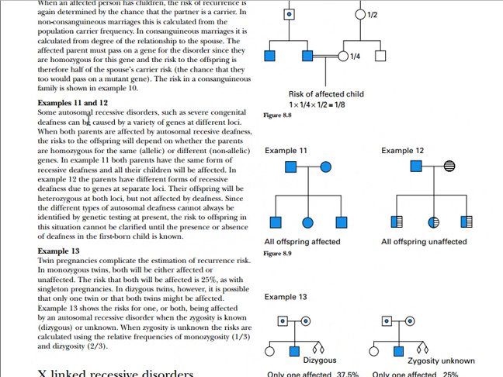So now example 11 and example 12 just speak about what is called locus heterogeneity and genetic heterogeneity. We have spoken about that in the initial chapters. Locus heterogeneity means that there are multiple alleles at different locations which encode for one trait. For example, the gene of deafness, like in this case.